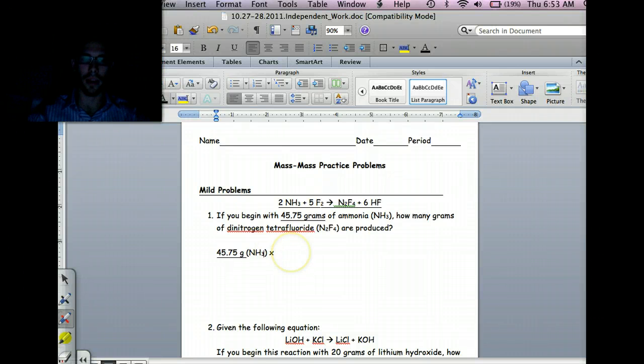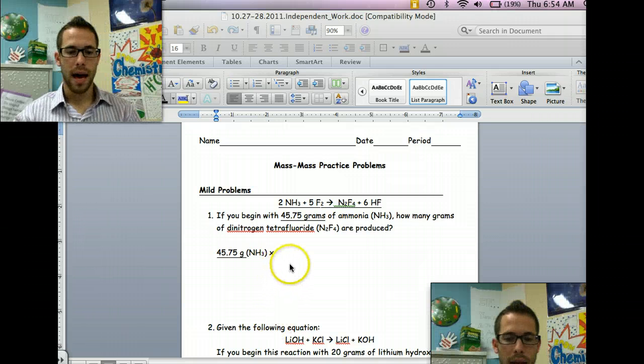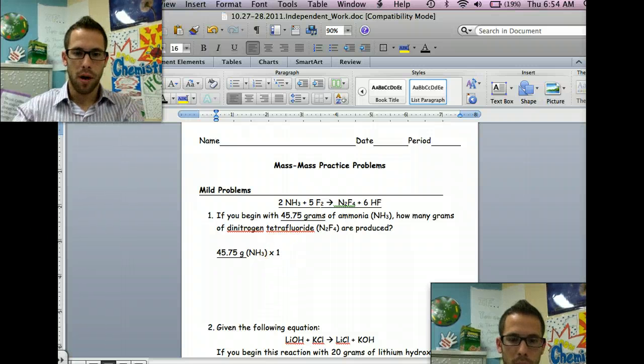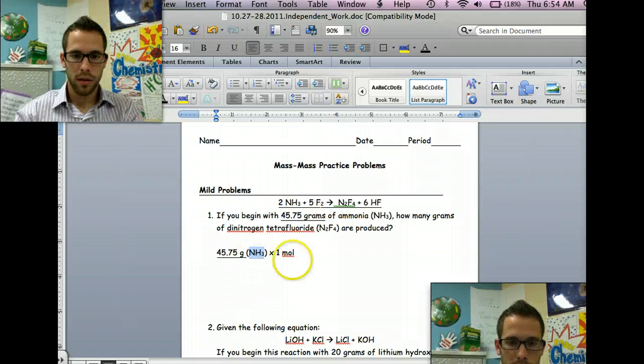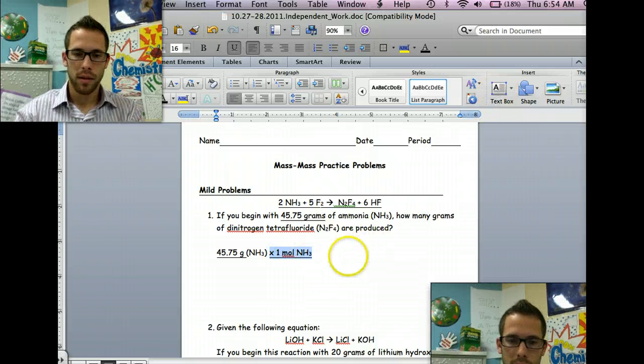So I know that I'm going to have 1 mole of NH3, and I'm trying to get rid of grams.